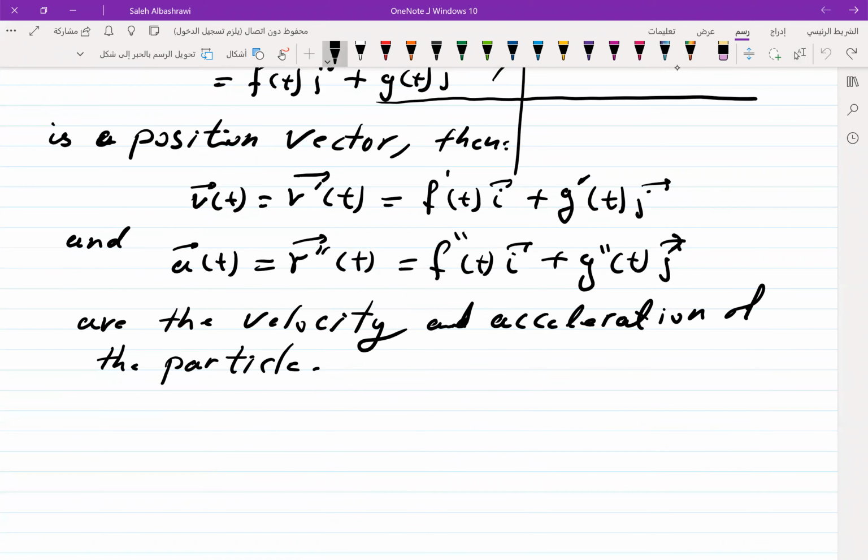And also the magnitude of v of t is the speed of the particle.